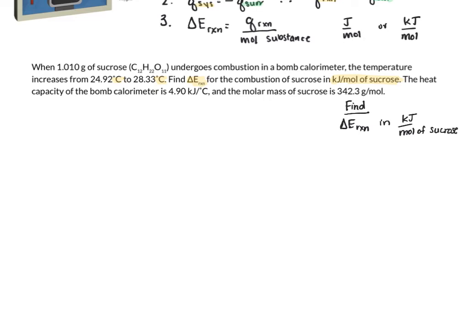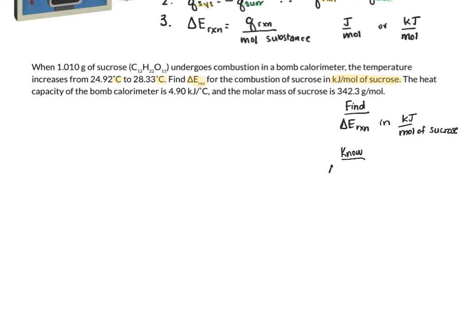Then what information do we already know? We already know the increase in temperature of the surroundings.